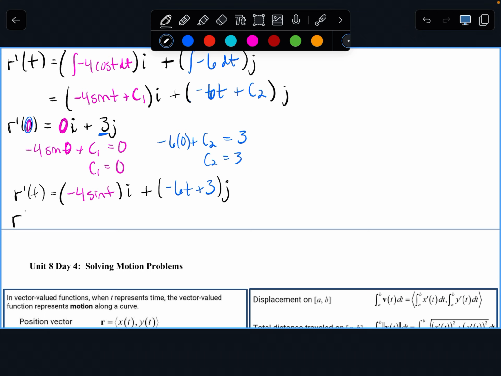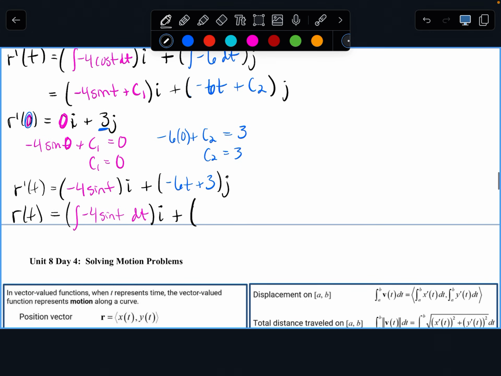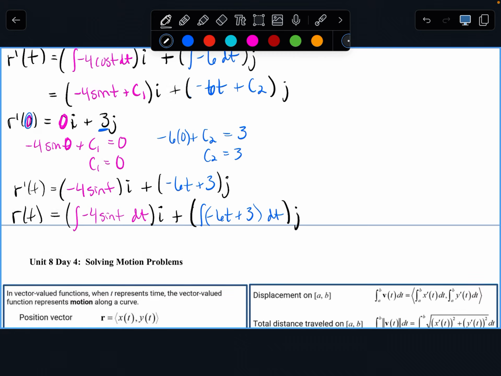So now we're going to do it again. Loving life. Right, so we're doing the exact same thing, but now we've got c sub 3, c sub 4.